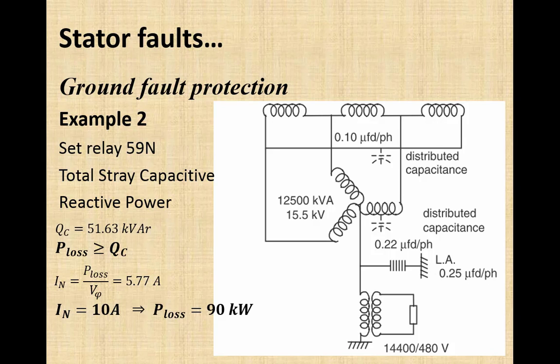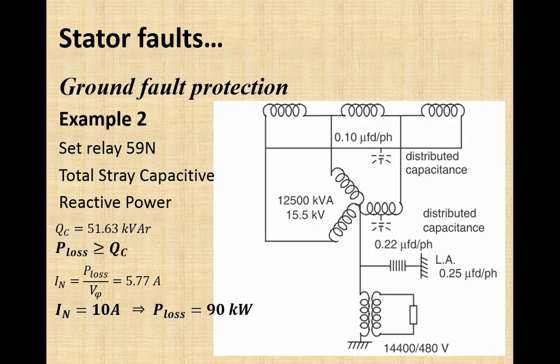So that is the power loss, which is obviously greater than the QC. It is satisfying that equation, that P loss should be greater than QC. So that is our selection of neutral current.